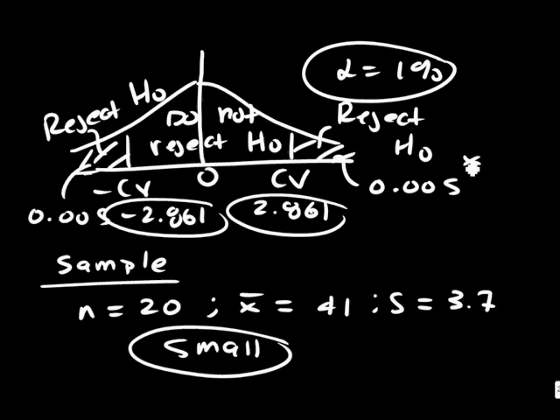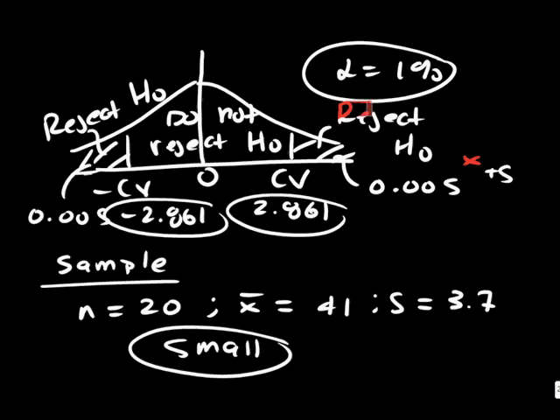Now, as I said, this is somewhat off the charts. Any test statistic value that is greater than 2.861 lives in this right tail region known as a reject the null hypothesis region.